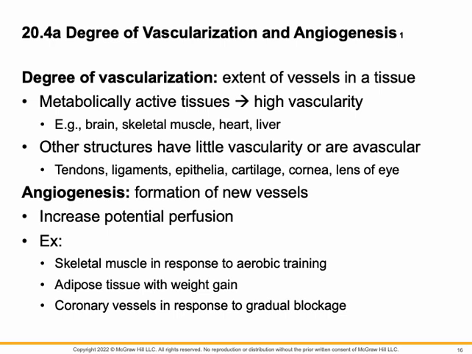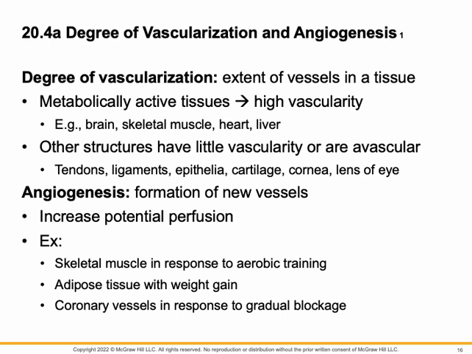There's going to be more blood vessels there, in other words, right? So think of it almost as energy expensive tissues are going to have lots of blood vessels. So brain, muscle, heart, liver, these organs are constantly working. They produce lots of ATP, so they require lots of oxygen. And where do you get the oxygen from? You get it from the blood, so you need lots of blood vessels, right?